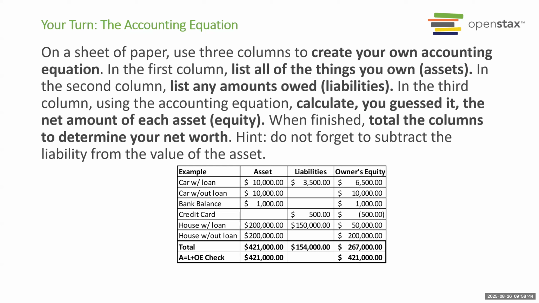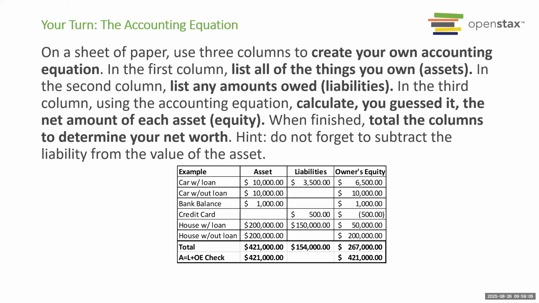Let's talk about our bank balance. That could be a $1,000 asset and a $1,000 owner's equity. A credit card would be a $500 liability and a negative $500 owner's equity.